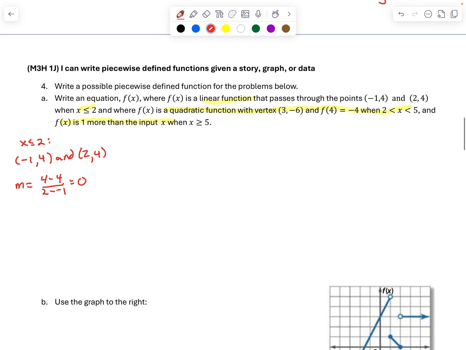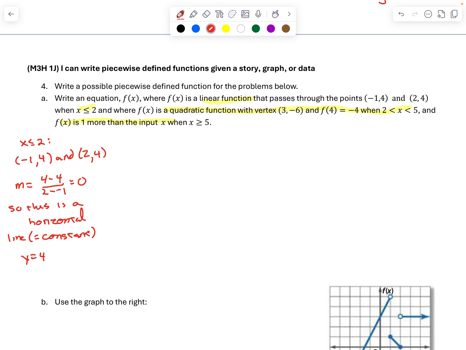It's a horizontal line. Okay, so y equals 4 is for that part. Oh, but only when x is less than 2.